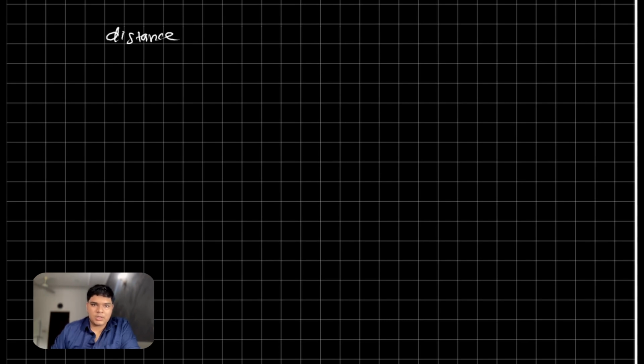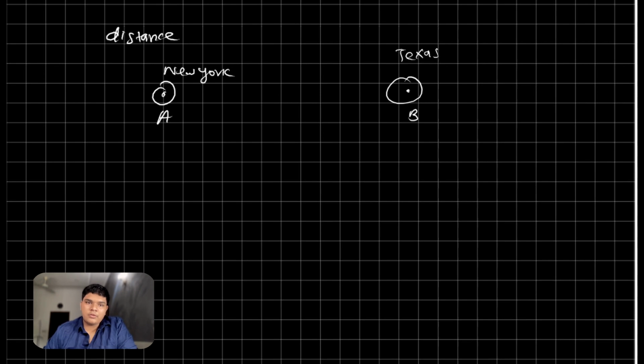Okay, let's take point A. Let's call that New York, because why not, right? Let's take point B. Let's call that Texas. So you could go from New York to Texas in a straight line route.